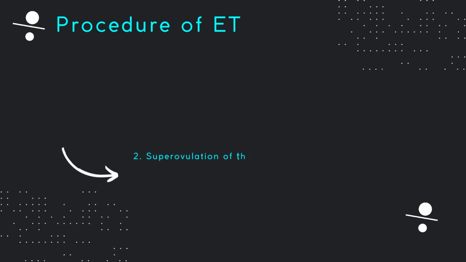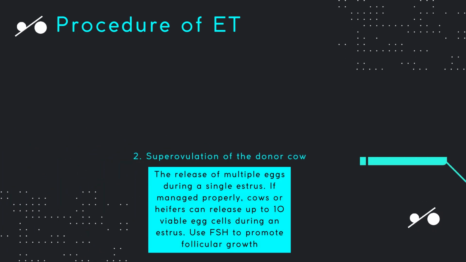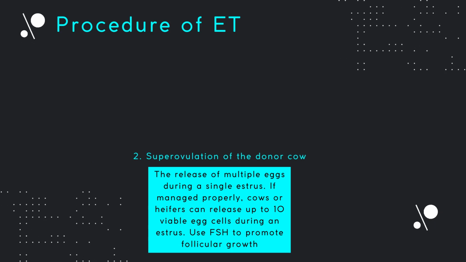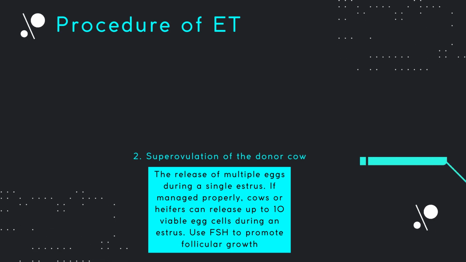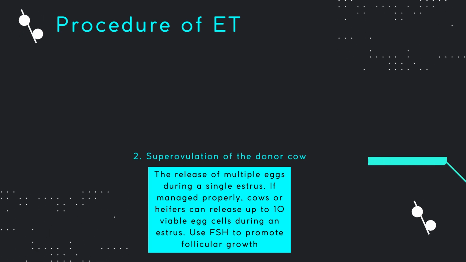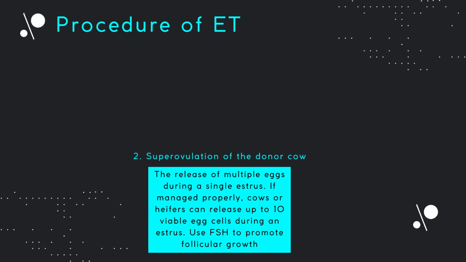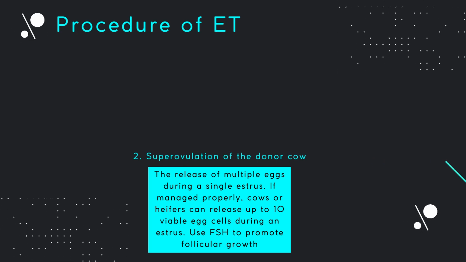Superovulation of the cow is the next step in the embryo transfer process. It is the release of multiple eggs during a single estrus. With an average of 5 transferable embryos, 85% of all normally viable donors react to superovulation treatment.